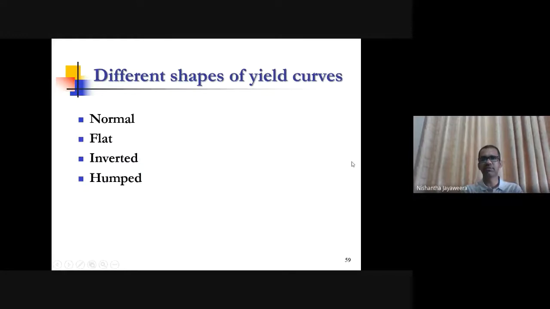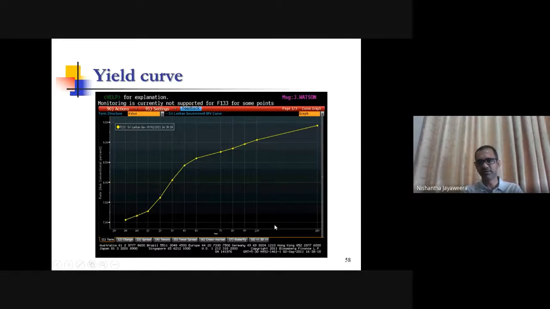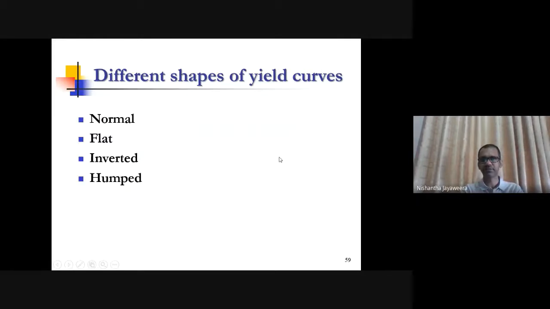There can be different shapes of yield curves: normal, flat, inverted, and humped. A normal yield curve is upward sloping with the maturity, like this. When time to maturity increases, yield also increases. This is a normal yield curve. There can also be a flat yield curve.